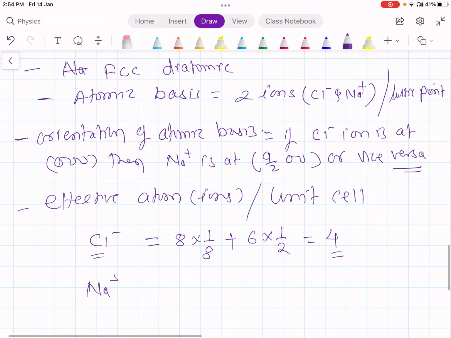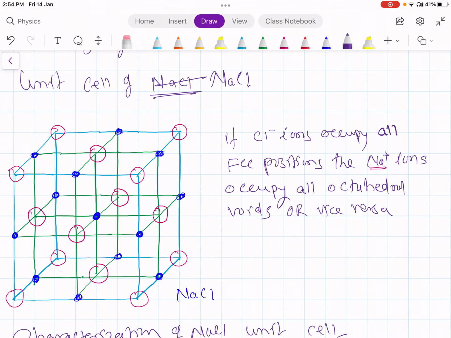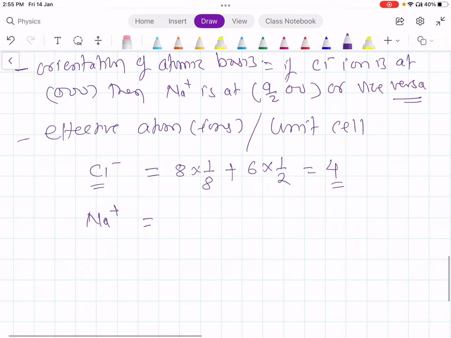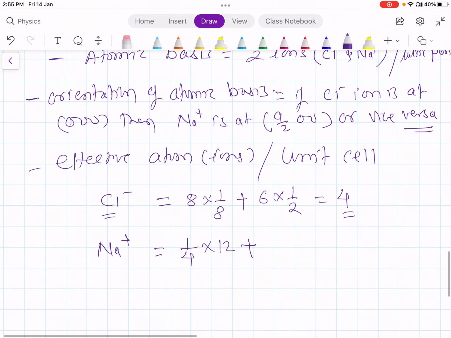Similarly, sodium ions. Sodium ions are at the midpoint of every edge. And you know that this edge is common for 4 unit cells. So this edge center ion is shared by 4 unit cells. So its contribution to the unit cell is 1 by 4. In a cube there are 12 edges, plus there is one ion at body center which is not shared with any other unit cell.